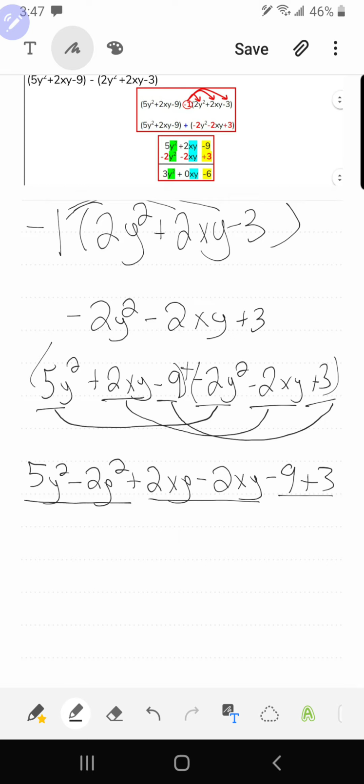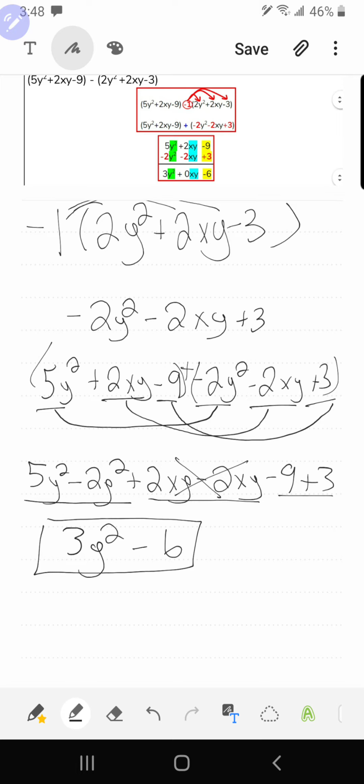What is 5y squared minus 2y squared? 5 minus 2 is 3. That is 3y squared. 2xy minus 2xy, they cross out. Negative 9 plus 3 is negative 6. That would be my final answer if I did it horizontally.